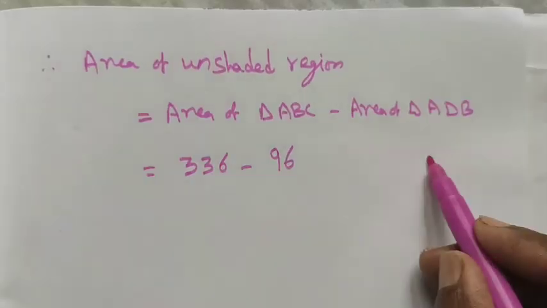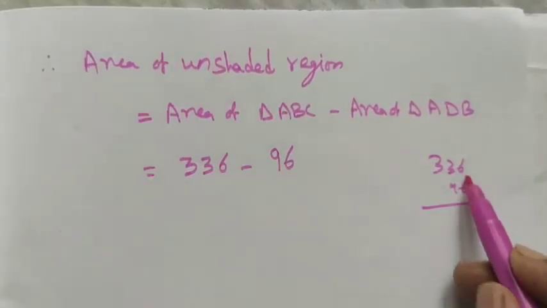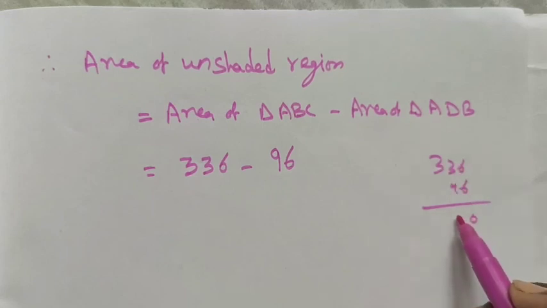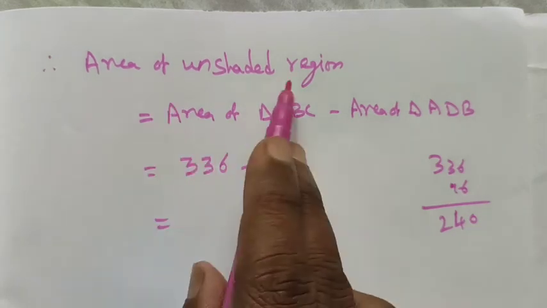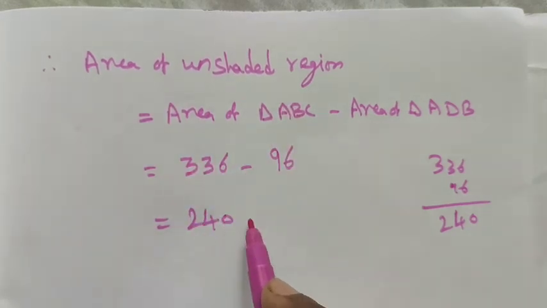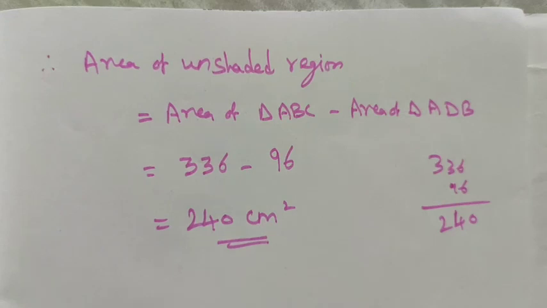Now subtract: 336 minus 96 is 240. The area of the unshaded region is 240 centimeter square, that is the answer. They asked for the unshaded region: total minus shaded region is the answer. Thank you students.